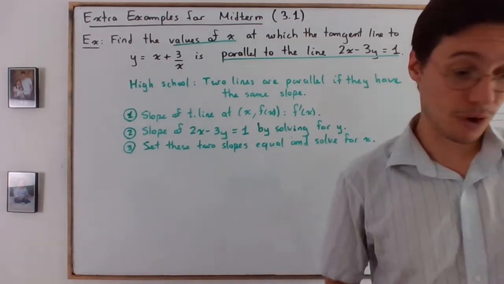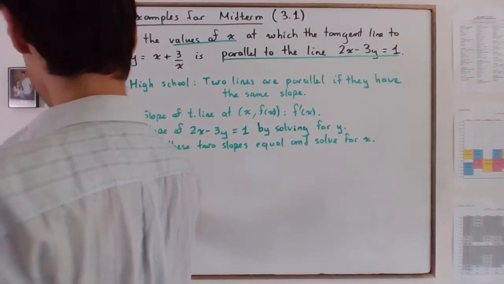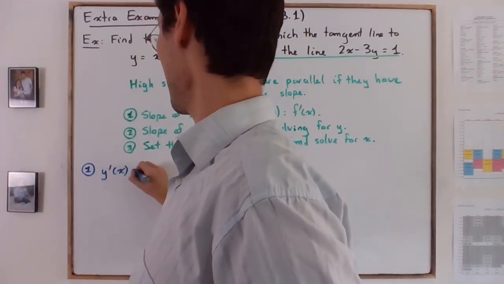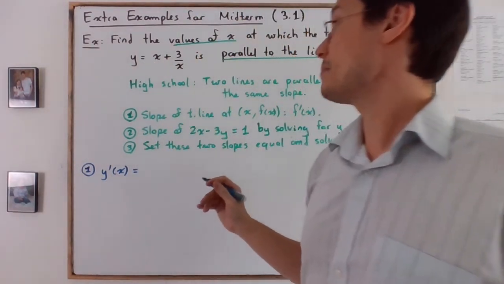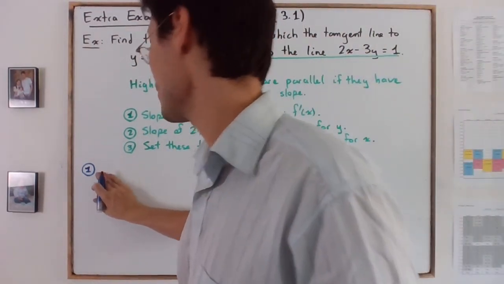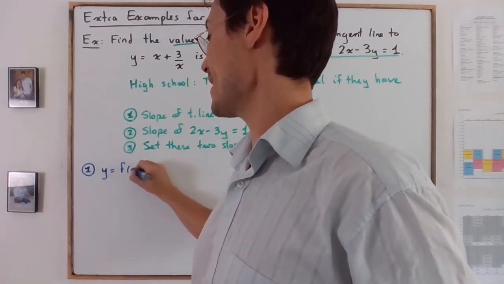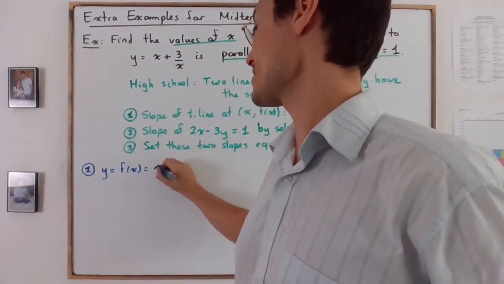All right, so let's do number one, which is the easiest. We want to find what y prime of x is, so y is equal to f of x, which is x plus 3 over x.